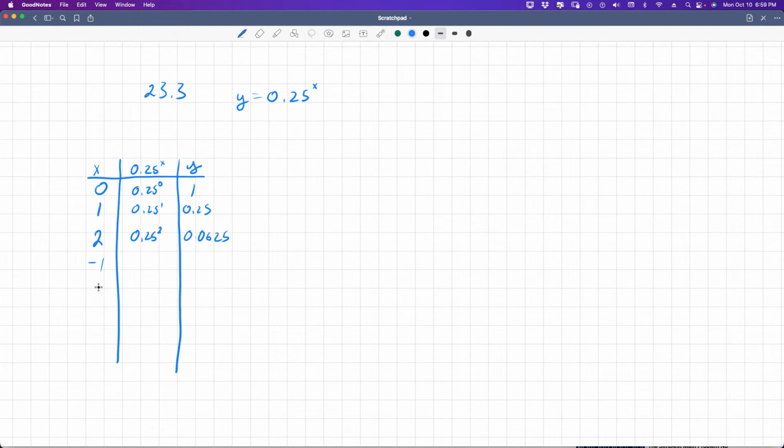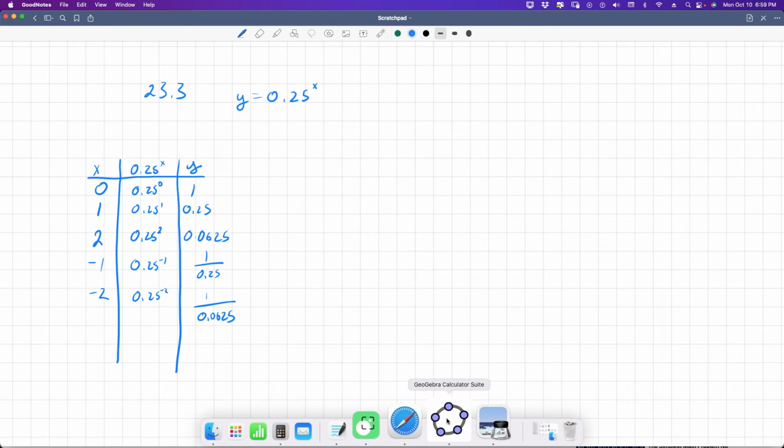If I have -1, then 0.25 to the -1 would be 1 over 0.25. And the same thing for -2, I would have 0.25 to the -2. That'd be 1 over 0.0625. So let's just check our points with GeoGebra.